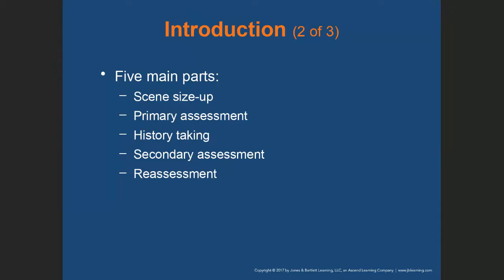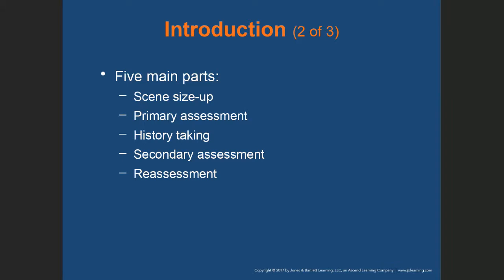Within each section of the patient assessment algorithm, there are things that must be considered and there are things that must be done. So each area has specific things that you must consider or do for the patient. So the 5 main parts are the scene size up, primary assessment, history taking, secondary assessment, and reassessment.